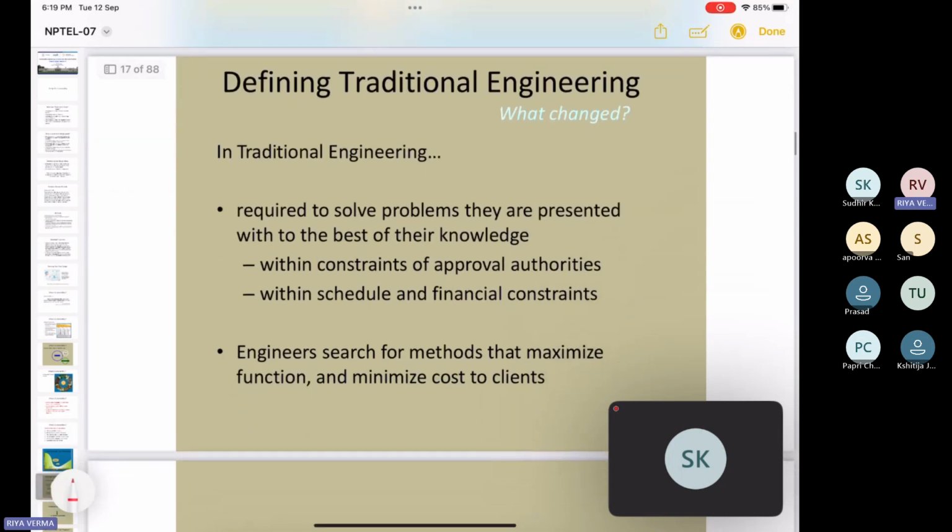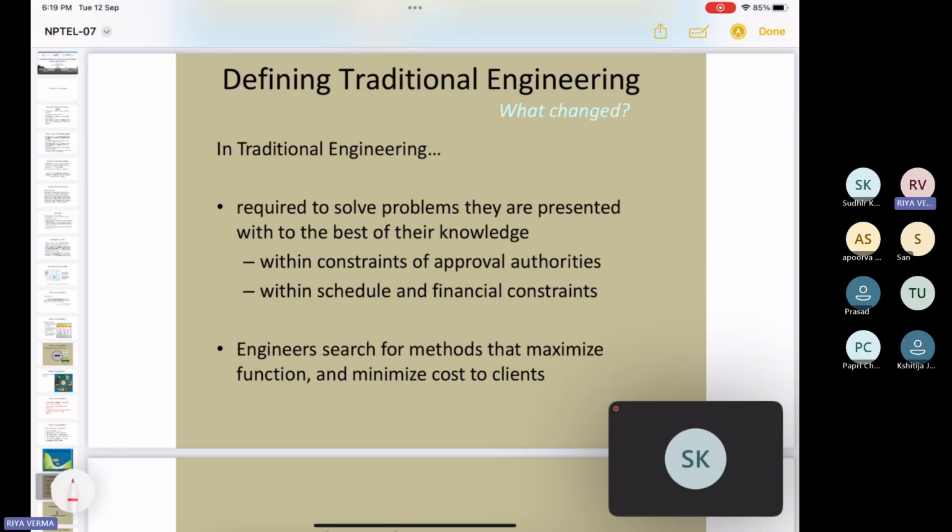Now, defining traditional engineering: what has changed from traditional engineering to modern practices? In traditional engineering, it was required to solve the problems they were presented with to the best of their knowledge, within the constraints of the approval authority, and within schedule and financial constraints. Traditionally, during any design process or in any facilities, we had some constraints: we needed approval from all the authorities, and after that we had time as well as financial constraints in the earlier times.